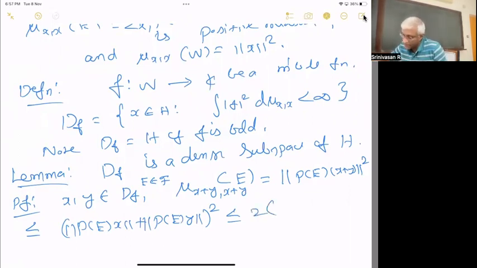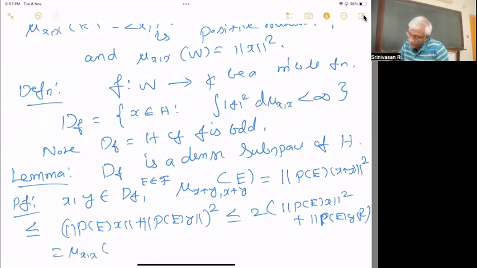Which is equal to μ_x(E) plus μ_y(E), times 2.